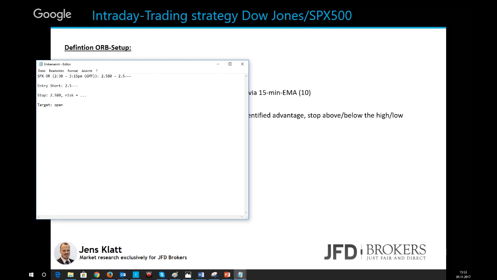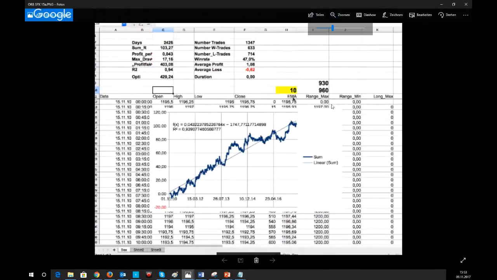So in fact, what this chart here, this equity curve, is based on is very simple. I usually enter a trade and I close it automatically at 8:50 p.m. GMT, automatically. So there's no other way than doing that for me.